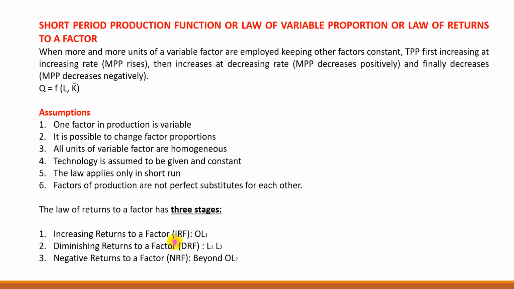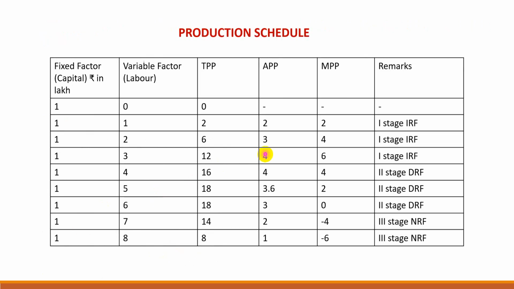Since in this stage MPP increases with the increase in the units of a variable factor, it is called the stage of increasing returns. In our example, this stage occurs at 1 unit, 2 units and 3 units of variable factor employment, which show increasing returns to a factor.